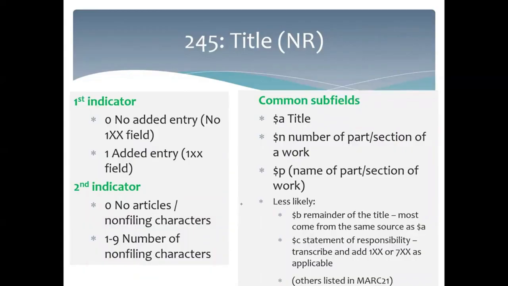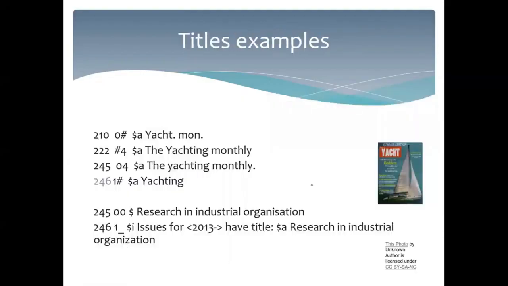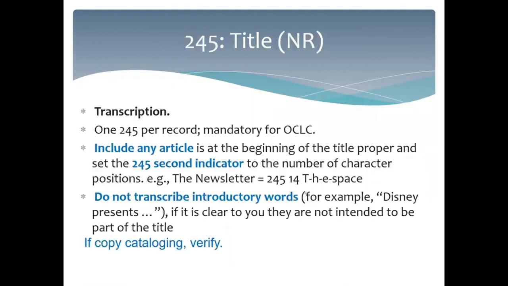I do know there are some serials that have numbers and parts, but it's not very common to see that for a serial record. And certainly for magazines and newspapers, you're probably not going to see that at all. We already looked at these title examples, so we'll skip those.